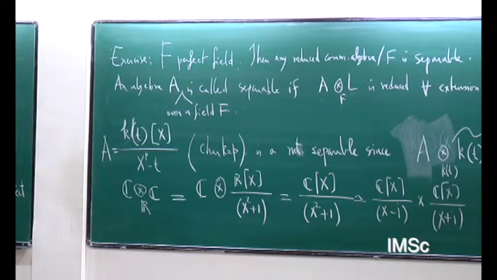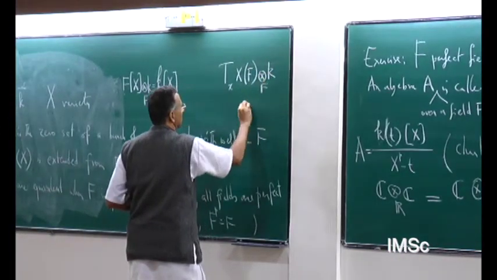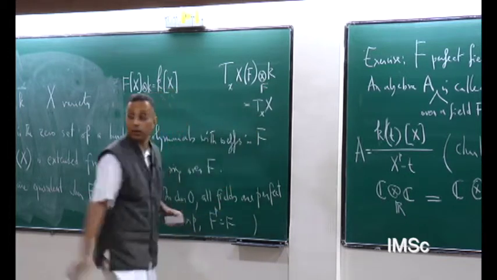The question was that if f is not perfect, then how do you show that Dx is isomorphic to k tensor over f Dxf?